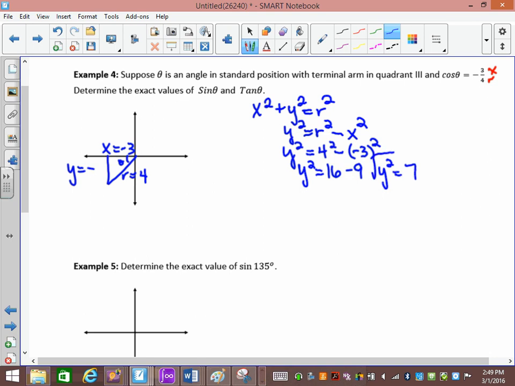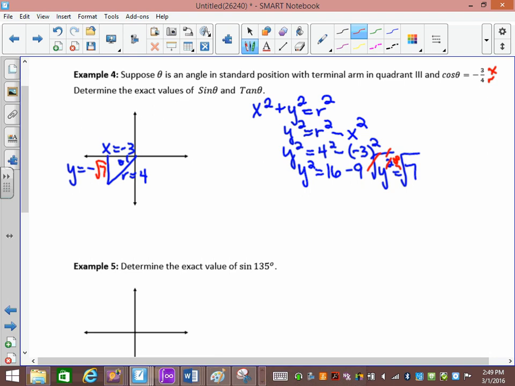And then you're going to square root it. And when you square root it, Anthony, what do you always have to do? Plus or minus. Yes. So you do plus or minus, because you could have two values. But which one doesn't work? The positive one. Yeah.